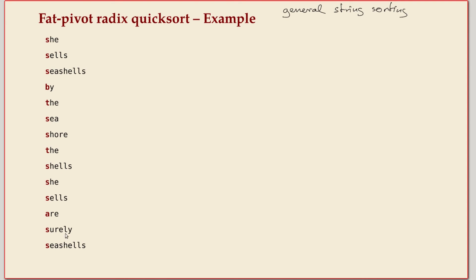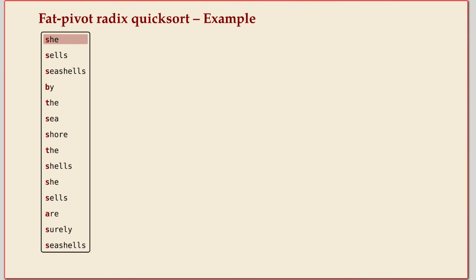The example is with a general list of words, just a set of strings, not suffixes of one text, just to illustrate this point. What the algorithm does is it tries to partition, like quicksort does, this set of strings by only looking at the first character for now. So initially we have this list of strings, and we pick one pivot string, she.